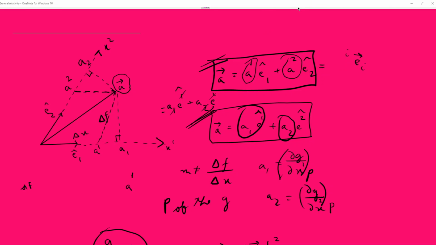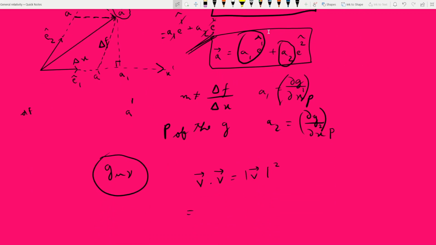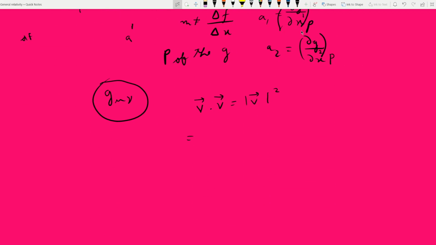Oops, I erased the a. Now let's write v in that manner. We can write it as v^i e_i dotted with another index, v^j e_j, because I don't want to mess up the indices.